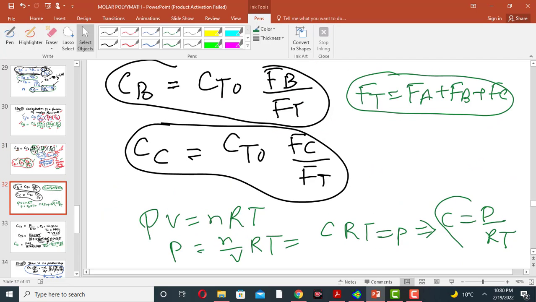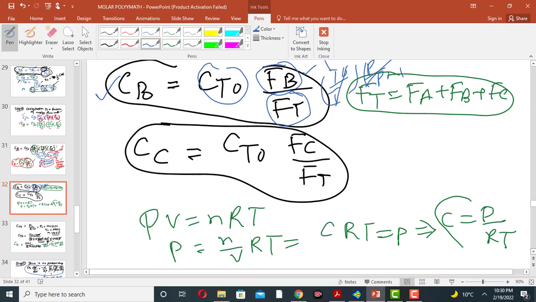Now, similarly for component B, concentration is a function of molar flow rate: Cb is equal to Ct naught Fb, the molar flow rate of component B, divided by Ft. And remember the T divided by T naught and P divided by P naught terms are equal to 1 here also.